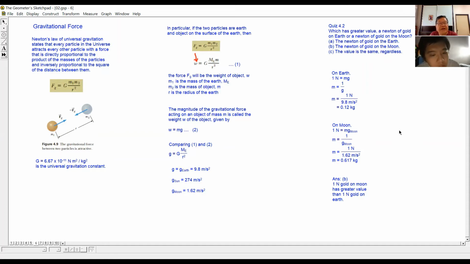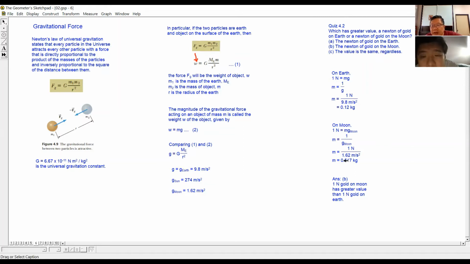What can you conclude from our calculation? The gold on the moon has a greater value. That is correct.